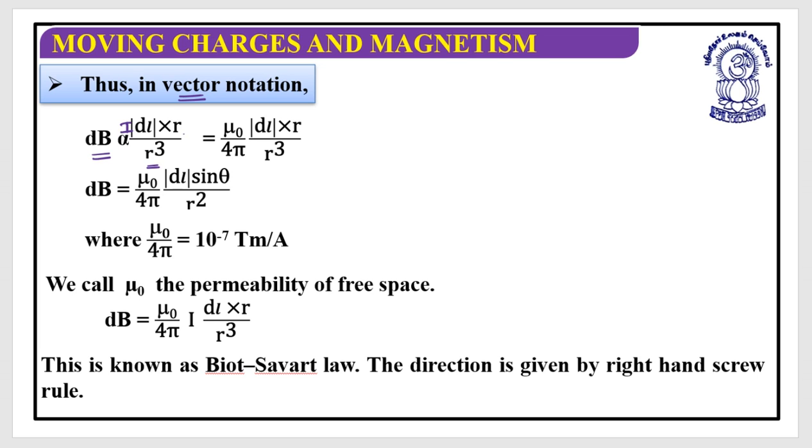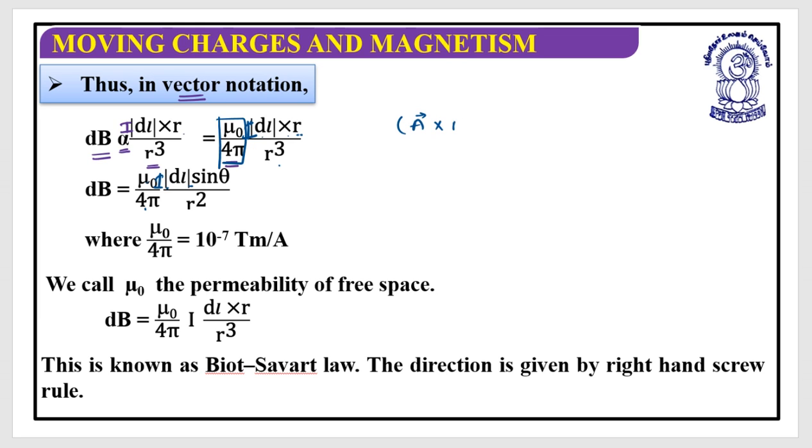So if I remove the proportionality symbol, it can be replaced by a constant, mu naught by 4 pi, multiplied by I dl cross r divided by r cube. So this is equal to mu naught by 4 pi, I dl cross r by r cube.